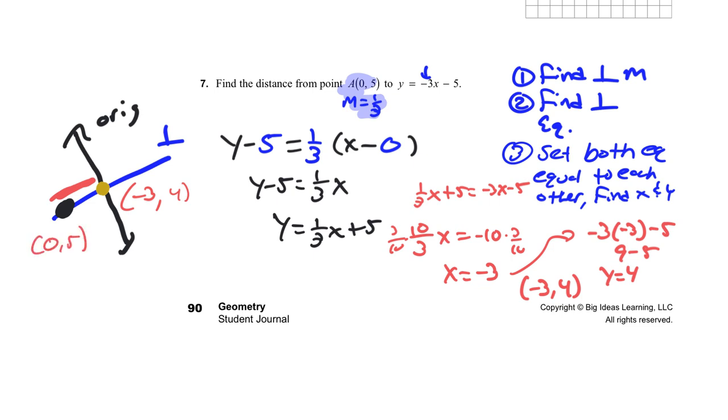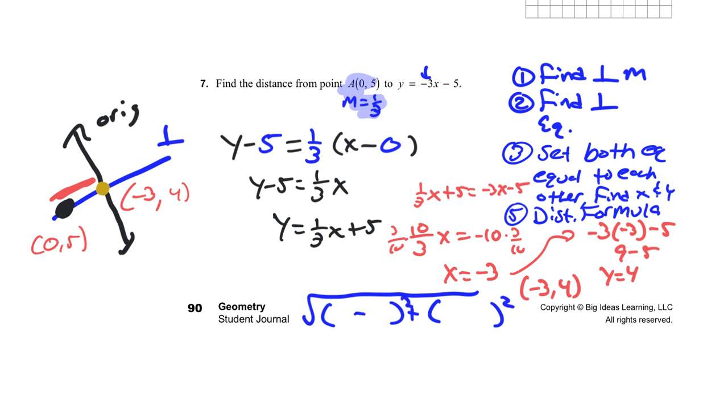And if I want to find the distance between 2 points, I have to use my distance formula. So the last step, if I can squeeze this in here, is distance formula. So I'm going to squeeze this here at the bottom. Square root symbol. I'm going to use my parentheses squared. And I'm going to subtract my x values, and then I'm just going to let the calculator do all the heavy lifting.